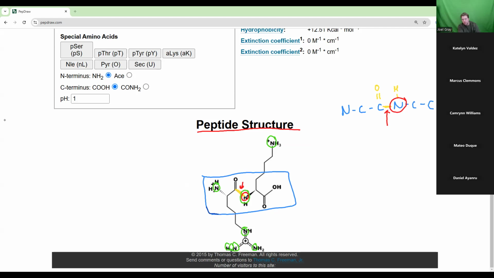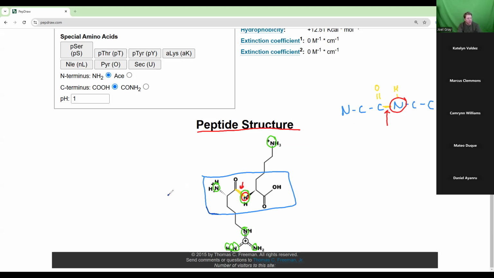Those backbone atoms are the only ones that matter when it comes to peptide bond identification and N and C termini identification. So any other nitrogens, I don't care about. Now, I see two nitrogens there, right? This is a dipeptide. Each amino acid has NCC.